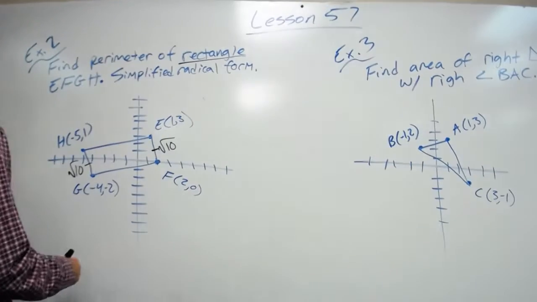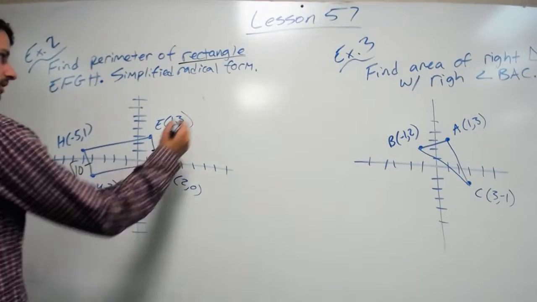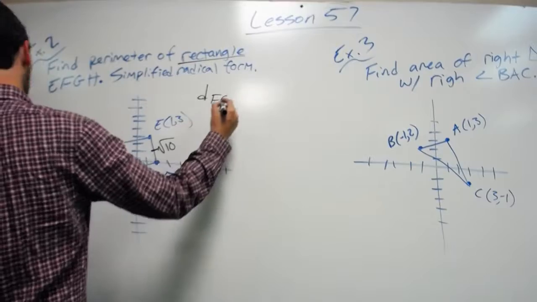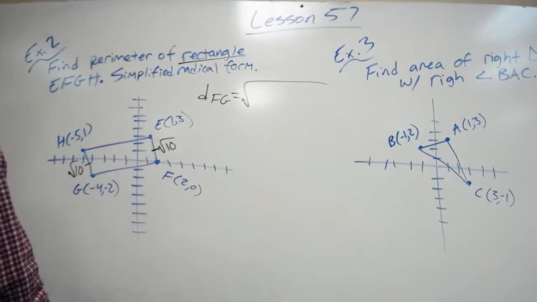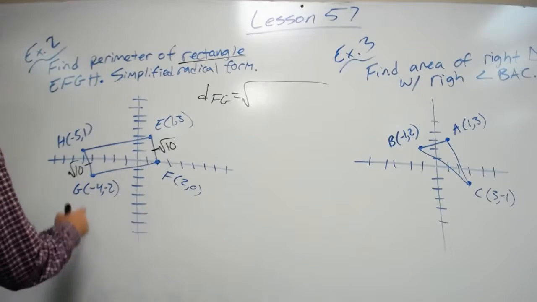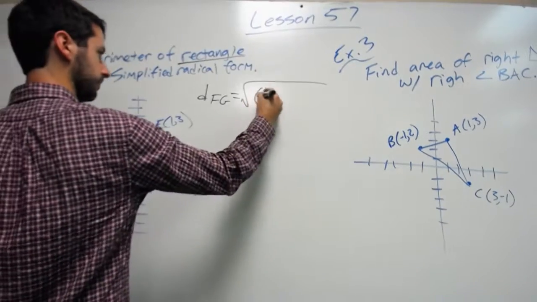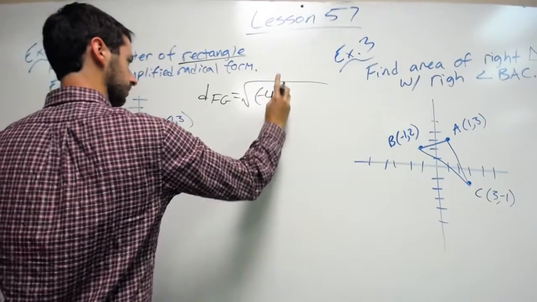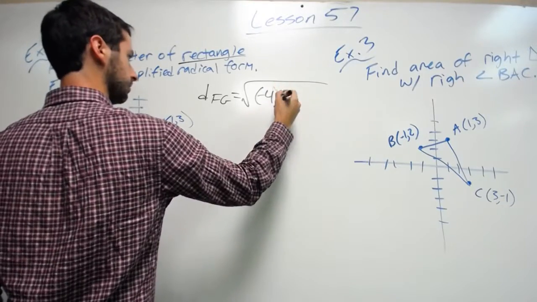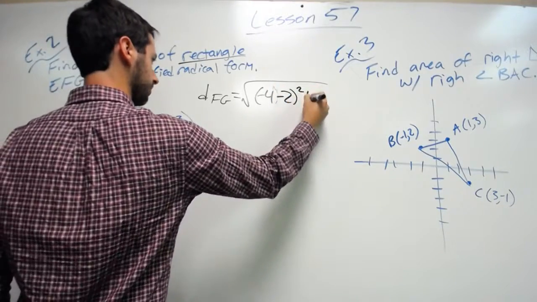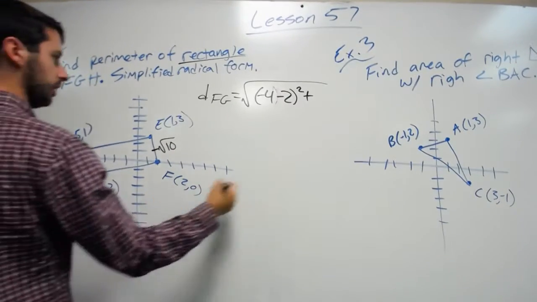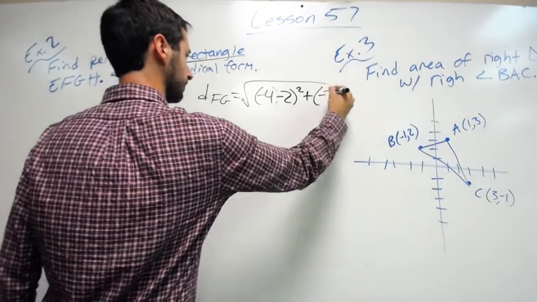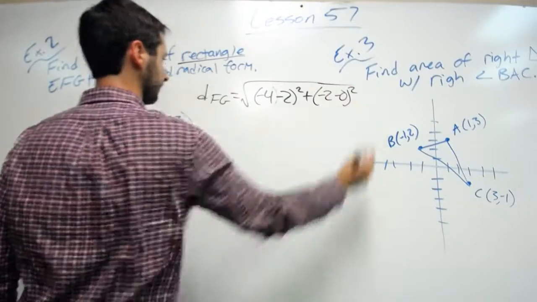Now we need to find the distance of, let's do FG. Okay. x2 is negative 4. Oops, x1 is 2, so negative 4 minus 2, squared, plus y2, negative 2 minus 0, squared.